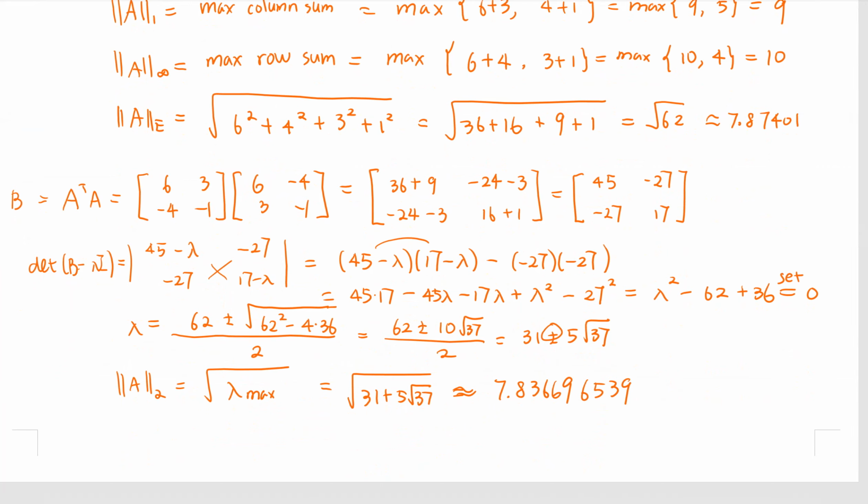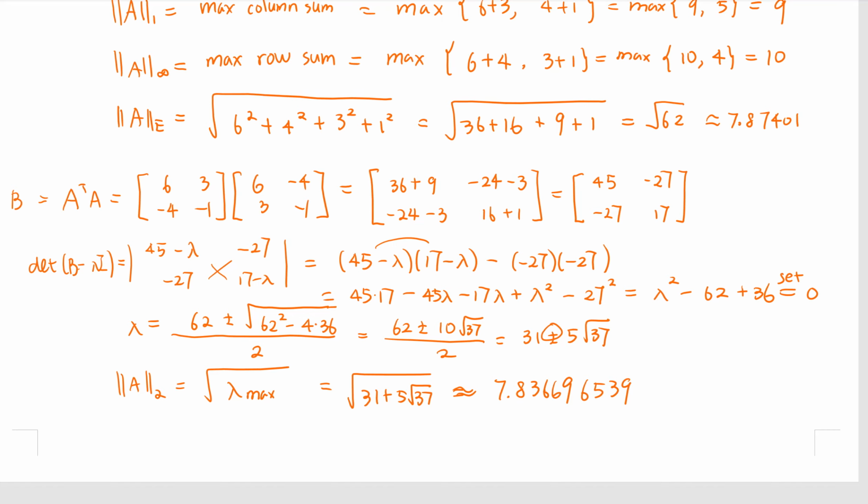So in this video, we talked about vector norms and matrix norms. For a vector, we have three norms: L1 norm, L2 norm, and L infinity norm. The L2 norm is the same as the Euclidean norm. However, for a matrix, the L2 norm and the Euclidean norm are different things. The L1 norm is the maximum column sum.